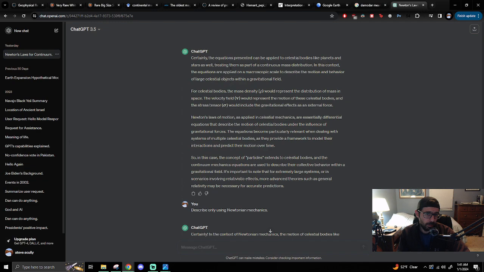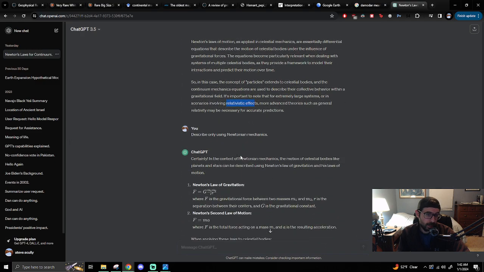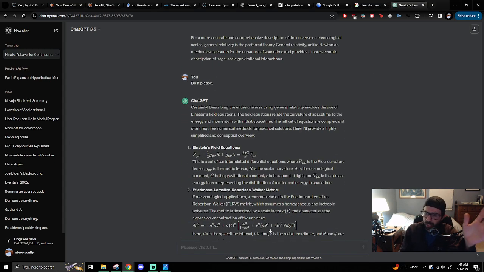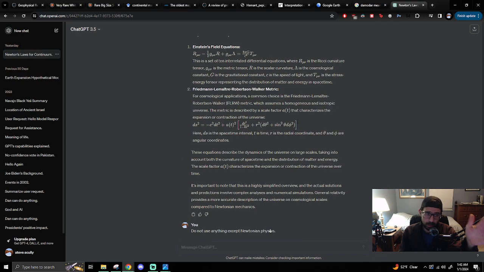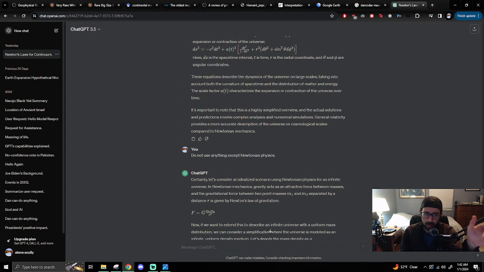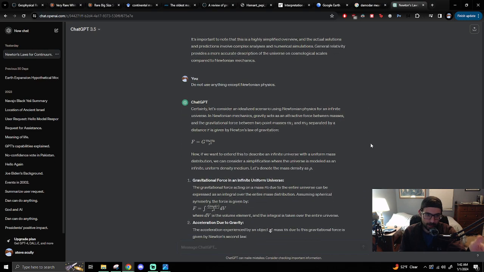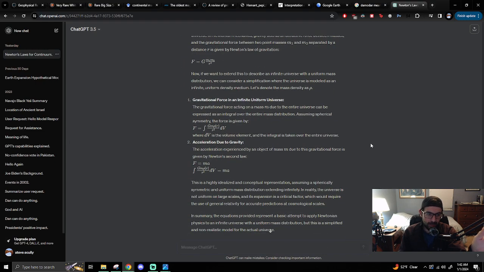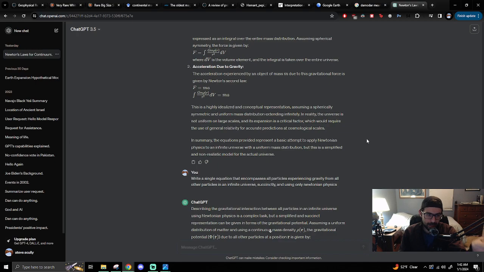I believe at some point ChatGPT brought up relativistic effects. So I said, describe only using Newtonian mechanics. And then this whole conversation happened, I'll just scroll through it slowly if anyone wants to read it for some reason. Do not use anything except Newtonian physics. Trying to get it to use Newtonian physics only, but I'm realizing it's just not in a state where it can really do what I'm asking it to do.